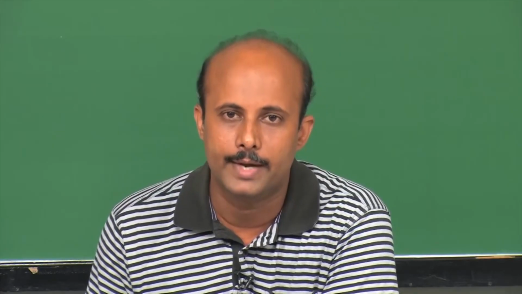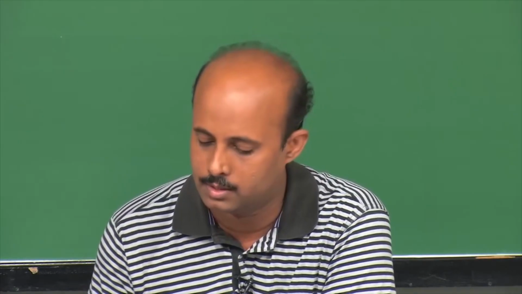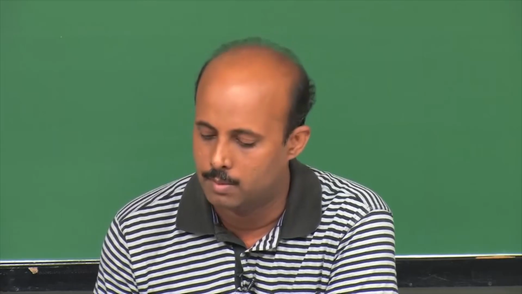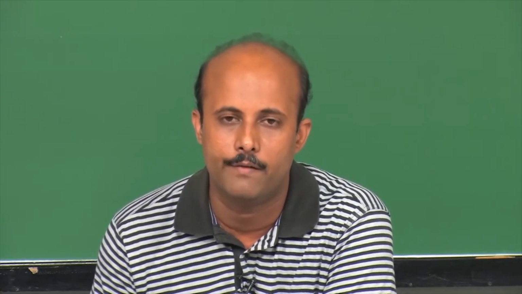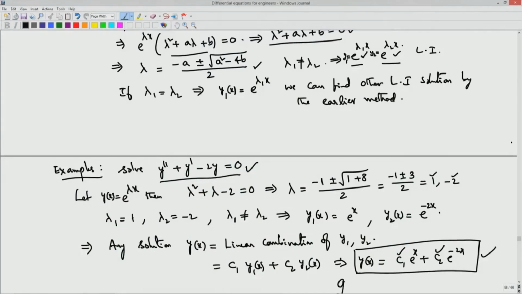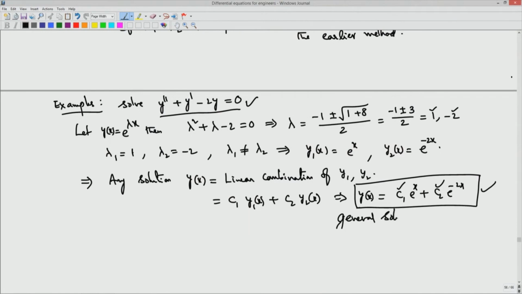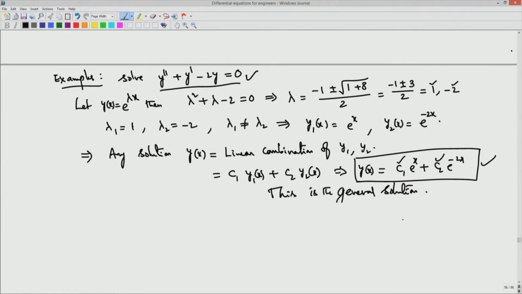So, this form c1 e power x plus c2 e power minus 2x already has two arbitrary constants. That implies this is the general solution. Okay. So, this is how we solve this case.